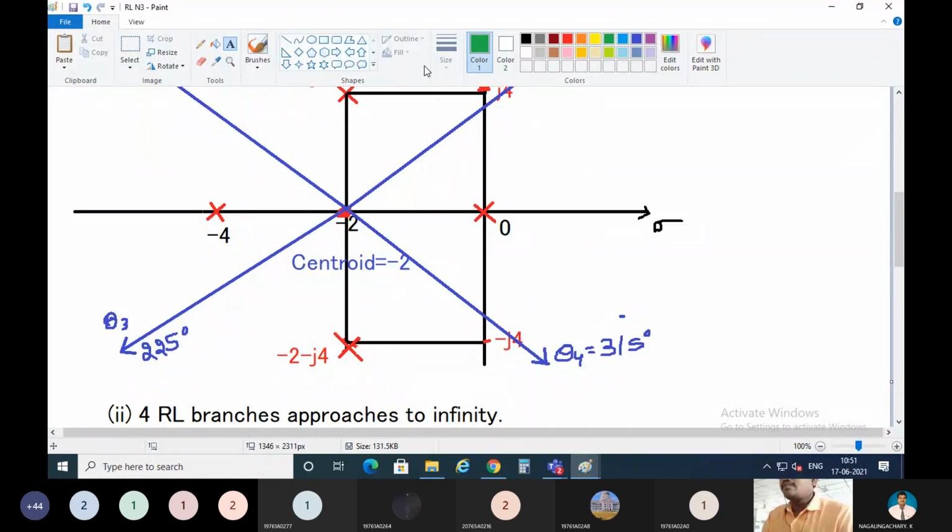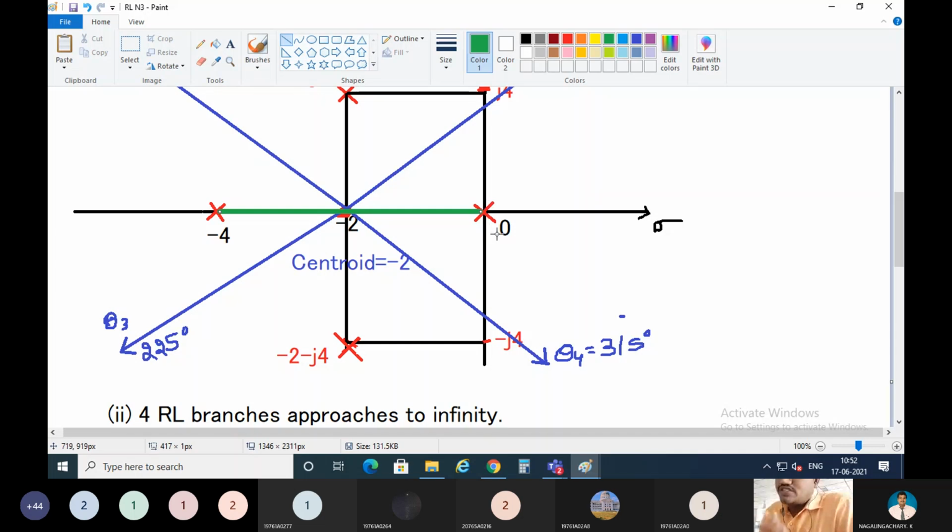So one root locus branch exists between 0 and -4.